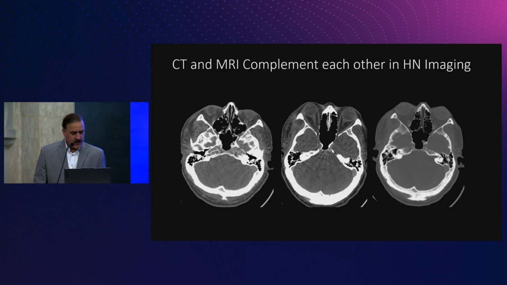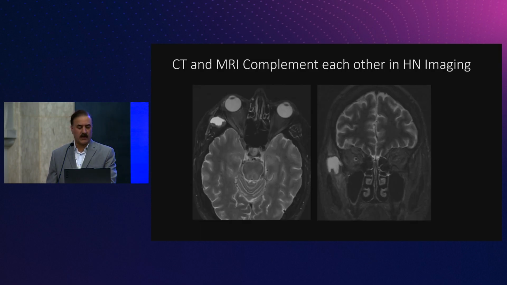This slide is not from the nasopharynx, but it shows that CT can be done, and CT and MRI can complement each other. This is a very good case of that. If I show you this CT, there's a cancer in there, but it was not readily seen on these images. It's hard to see, but if I show you the MRI of the same patient, you know where the cancer is.